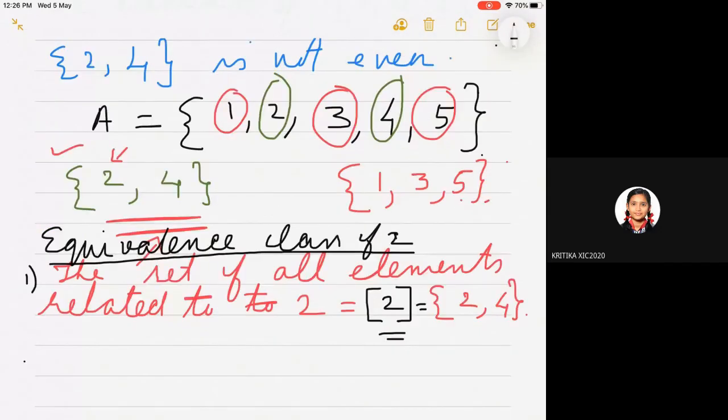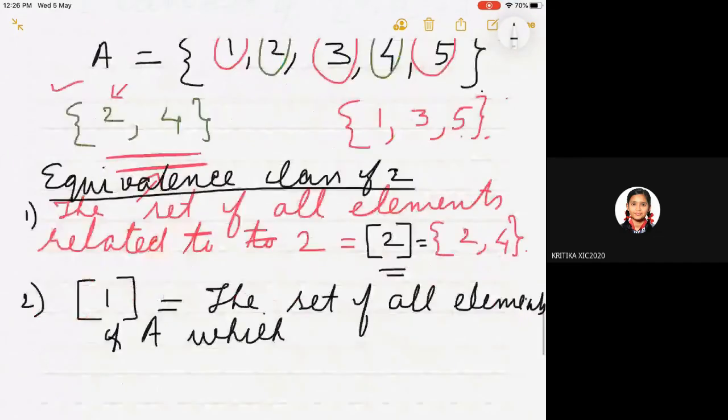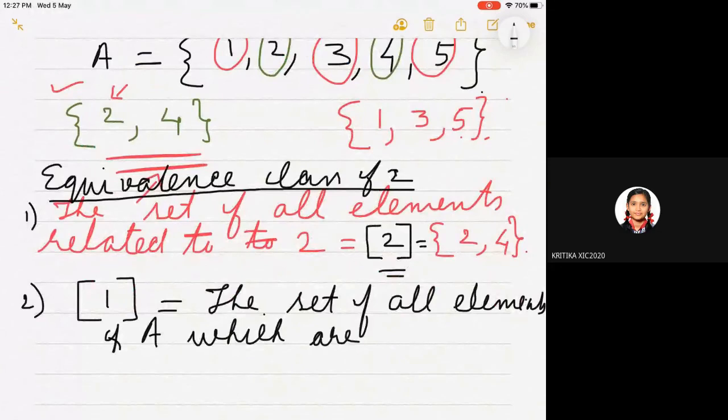Set, it is an equivalence class of 1. We write like this. Equivalence class of 1 means it is the set of all elements of the mother set A which are related to 1.